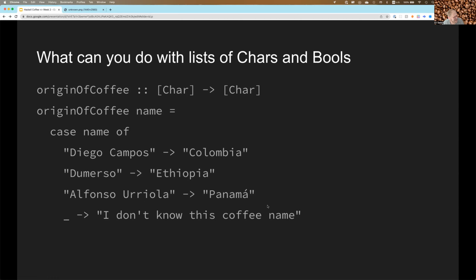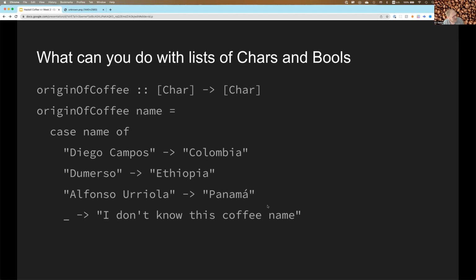And you'll see on the left side, the patterns of the case are strings rather than, say, a list of chars. And the right side is also strings rather than a list of chars, just for simplicity, right? The convenience, the syntactic sugar, that allows you to represent the lists of chars that way.